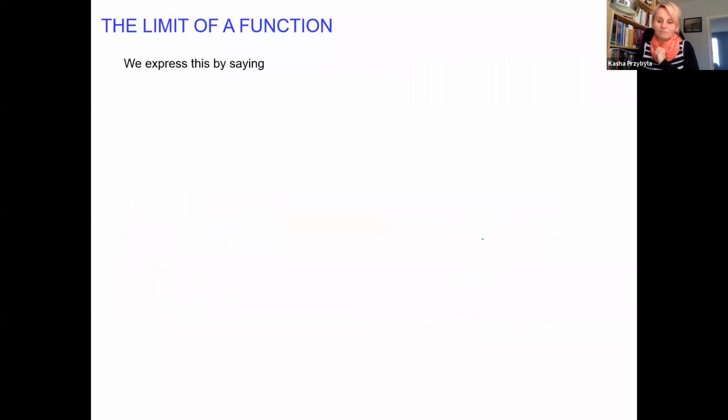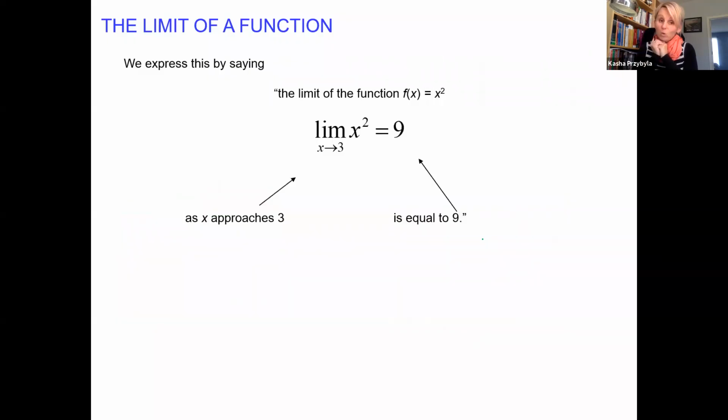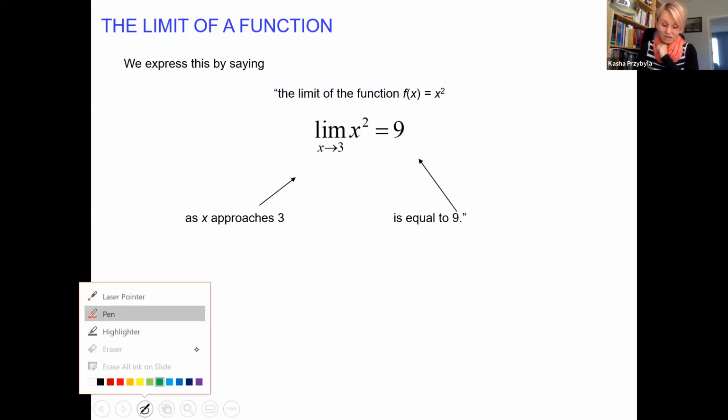Okay, and then let's look at this nice description. Oh, too fast. That's how we will express, how we will read this. Again, the limit of the given function x squared as x approaches 3 equals 9. And you may notice, again, that's green.